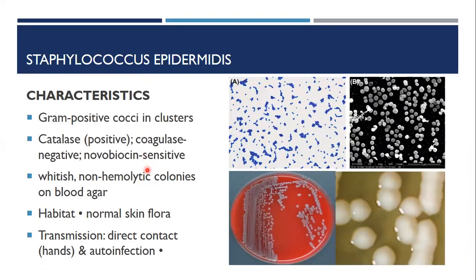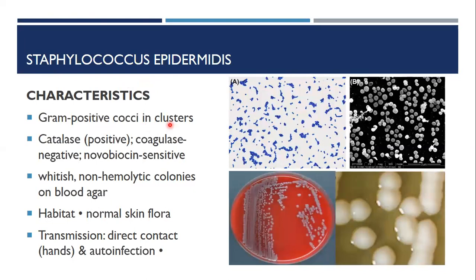So another microorganism in the Staphylococcus genera is your Staphylococcus epidermidis. Okay? Now, your Staphylococcus epidermidis appears as gram-positive cocci in clusters.